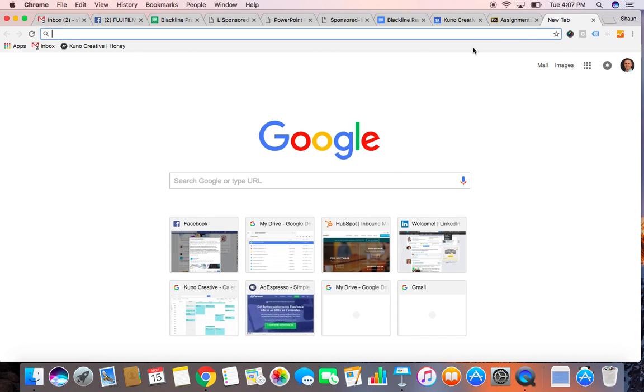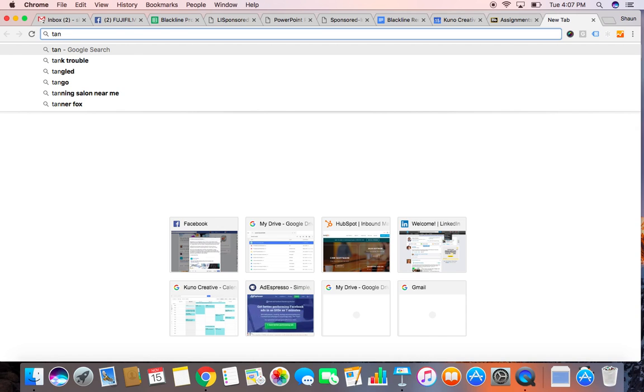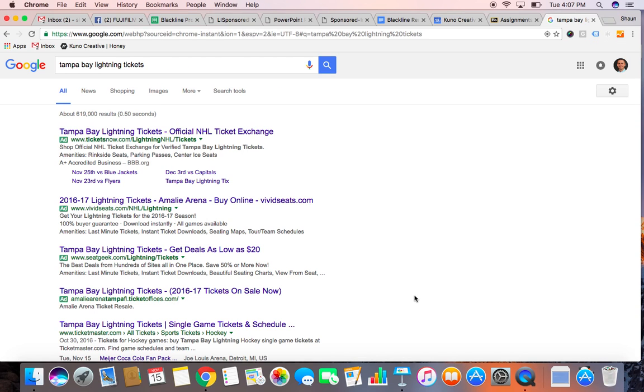So if we open up a Google search box, and let's say we're searching for Tampa Bay Lightning tickets, we can advertise to consumers quickly and effectively by using Google AdWords to appear in the top 4 spots on a search page.